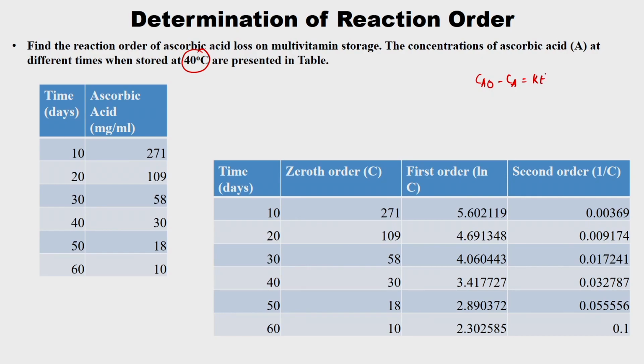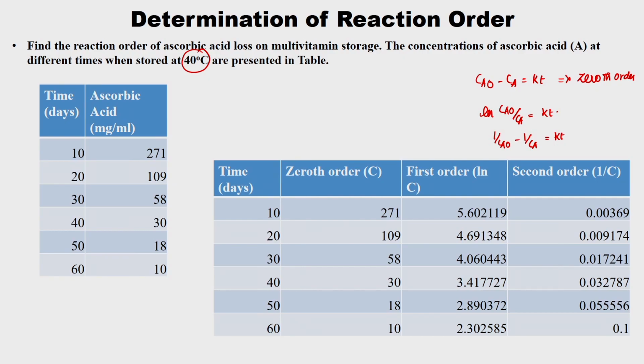So, if you see whatever we derived for the 0th order reaction, so if you remember our Ca naught upon Ca, which is equal to kt, right, and the 2nd order reaction, so 1 upon Ca naught minus 1 upon Ca, which is equal to kt. So, if you derive in that way what I have done in the previous slide.